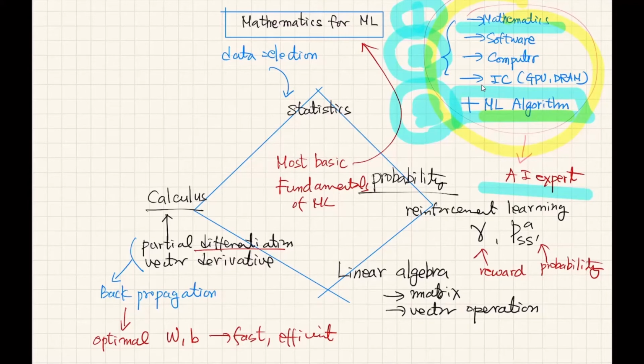Especially in mathematics, I think 4 different areas are needed to make an AI expert. First, during the data selection process, we need a very good statistics background. We also need a very good calculus background because we have to understand partial derivatives of cost functions and activation functions. Those are needed to develop backward propagation. And also we have to have a very good understanding of algebra.